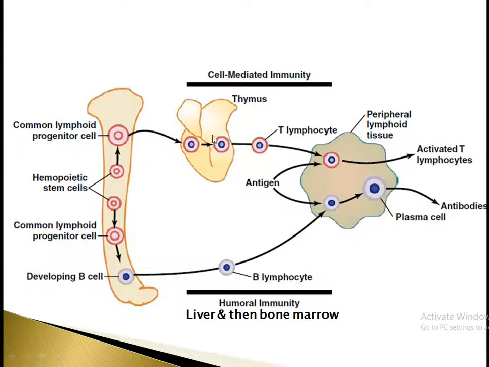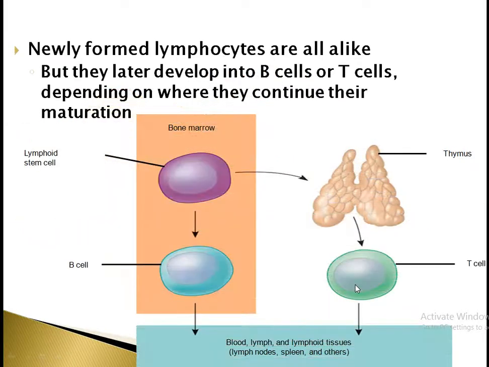From the thymus, T lymphocytes are formed, and in this way the B lymphocytes are formed. Through the T lymphocyte, cell mediated immunity is initiated, while through the B lymphocyte the humoral type of immunity is initiated. From there the B cell or the T cell come to the blood, lymph and lymphoid tissues.